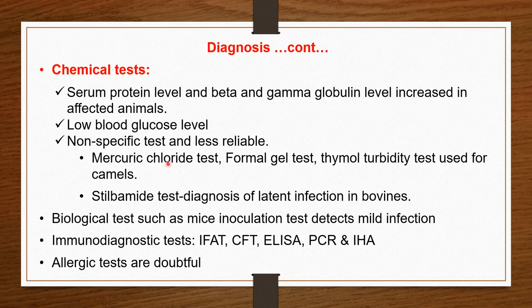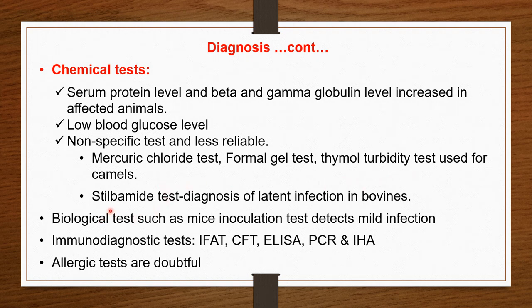Certain non-specific tests are also performed, but they are less reliable and not confirmatory, such as the mercury chloride test, formal gel test, and thymol turbidity test, and these tests are used in camels.